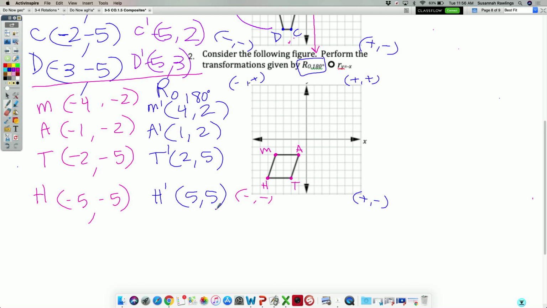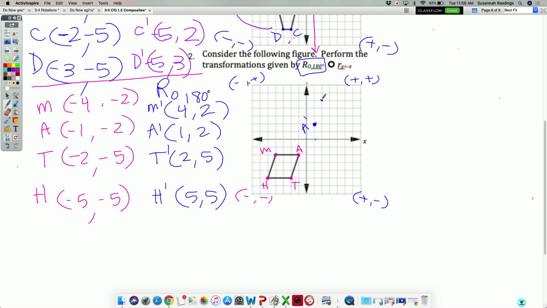Another way to do that, which some people prefer, is to just think we're going complete opposite. If I went left 1 and down 2, where would I go? Right 1, up 2. So some people prefer to do this all with the graph. So if I went left 2 and down 5, I'm going to go right 2 and up 5.